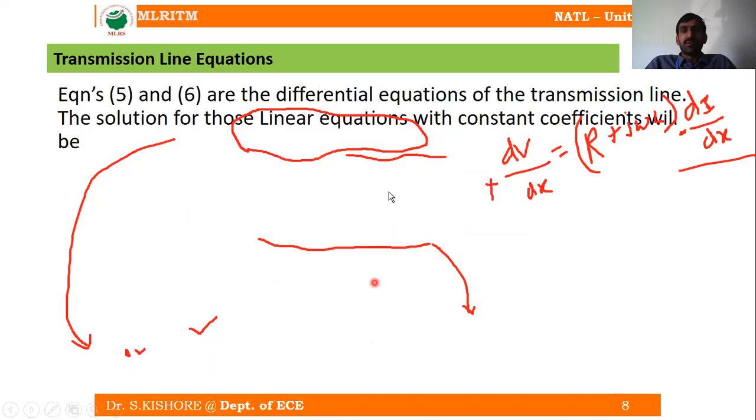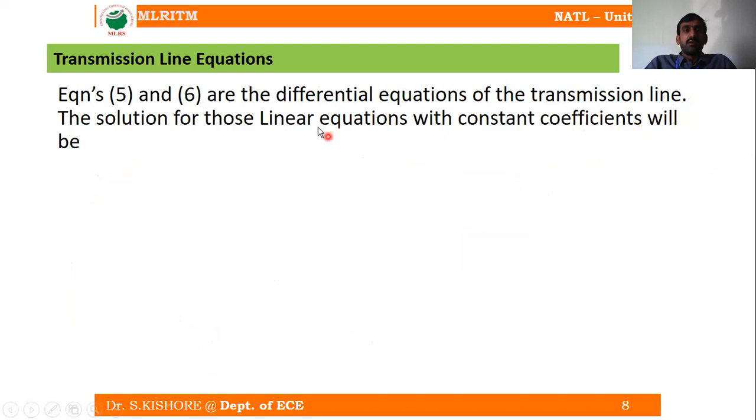The solutions for these linear equations with constant coefficients can be written like this. In the second unit we also saw the same kind of equations.